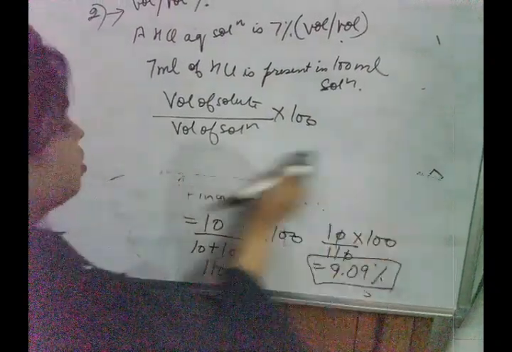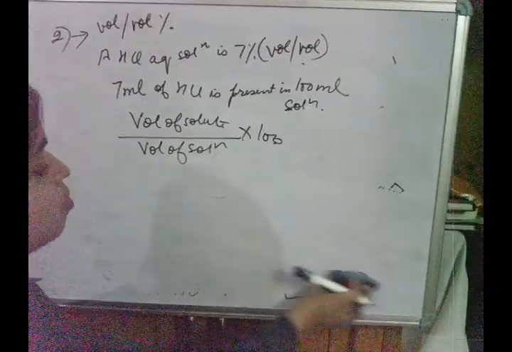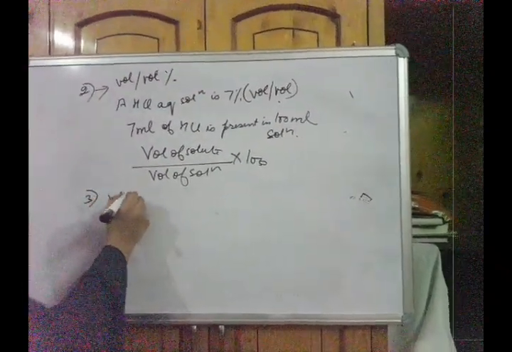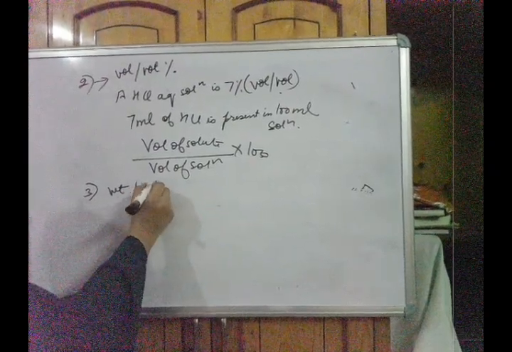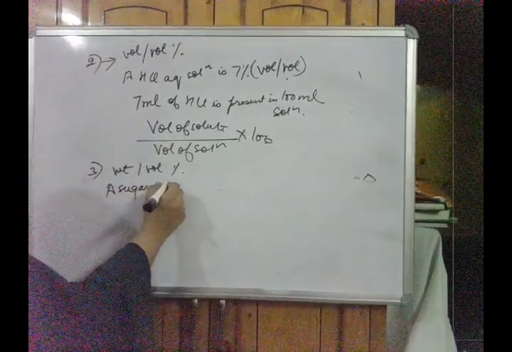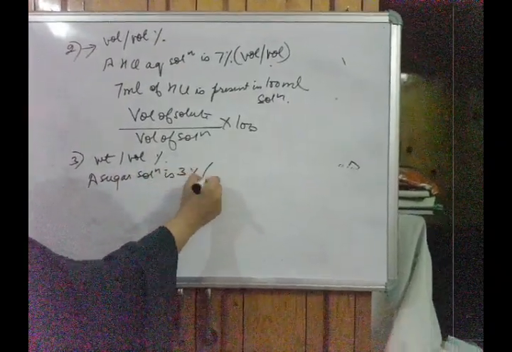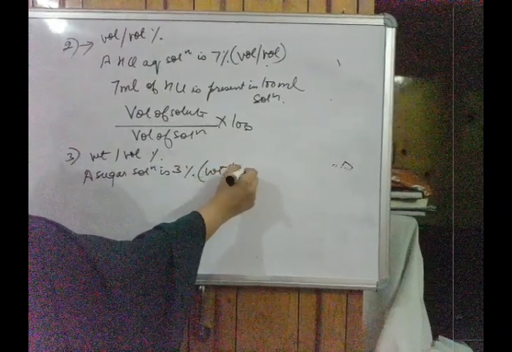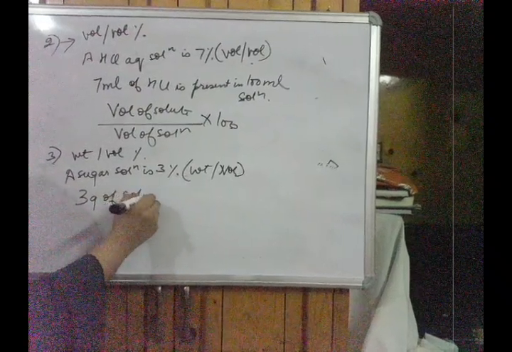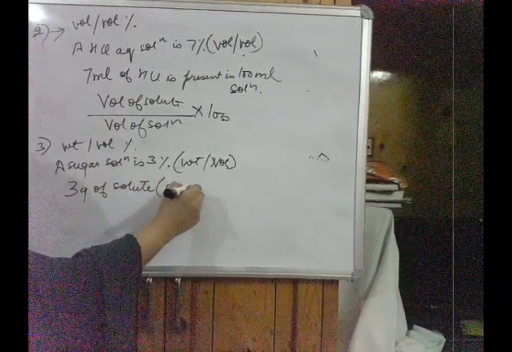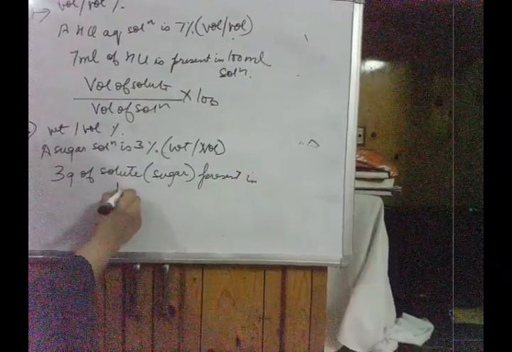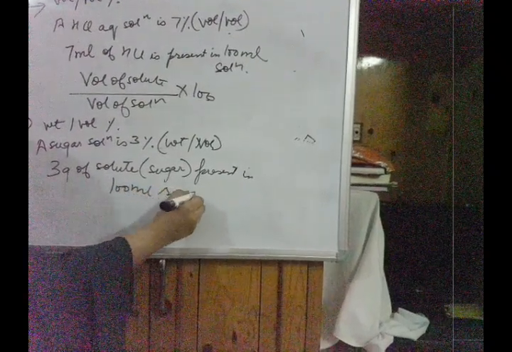So this is our next formula, and by combining both of them, we get weight by volume, our third concentration term, weight by volume percent. For example, if we say a sugar solution is 3% weight by volume, what it implies is 3 grams of solute, that is our sugar, present in 100 ml solution.